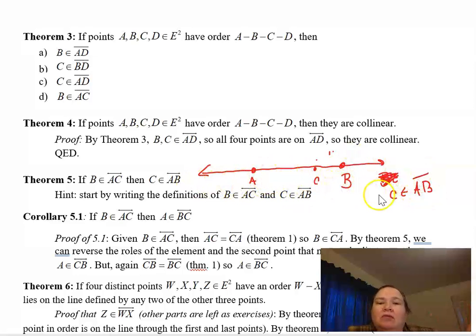So that makes C on the line AB by the definition of the line AB. The way we've written that definition, with this property or that property or the other property, matches up with the definitions of the line AC and the line AB.